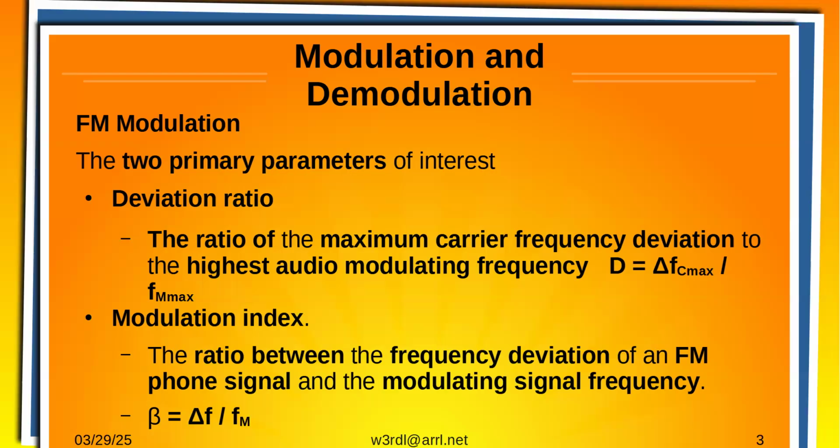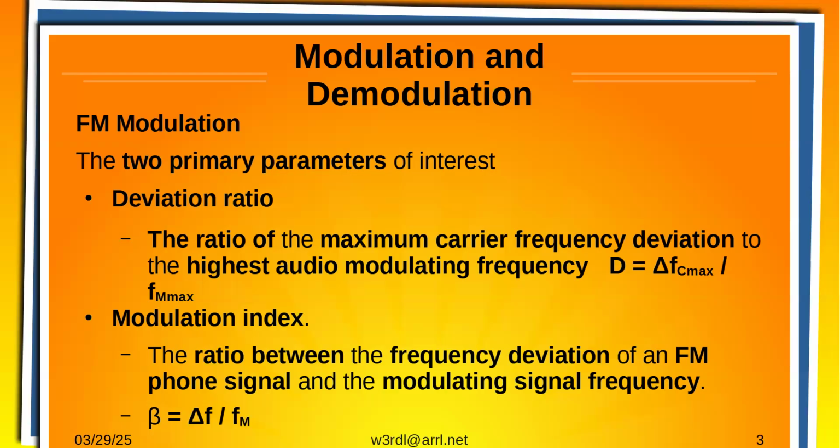So the other one that is similar enough, it's hard for me at least to remember the difference, is the modulation index, which we use beta. And it's the frequency deviation divided by the modulating signal frequency. So they're very, very similar, except here we're using the modulating frequency.